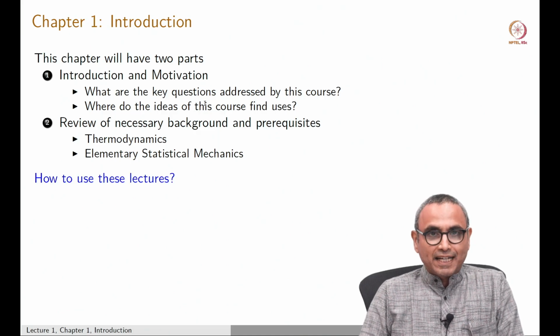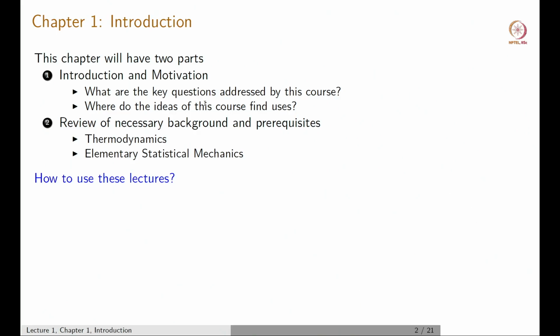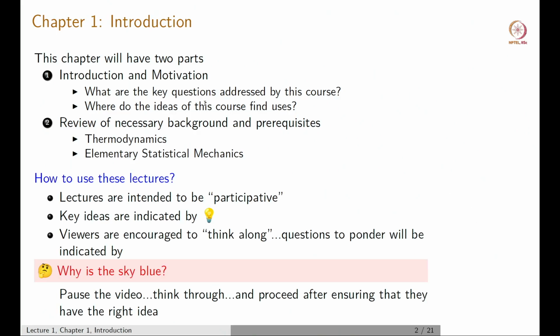How should you use these lectures? So, lectures are intended to be participative. Key ideas will be indicated by a light bulb. So, this will give you an idea of the importance of the topic or the point that is made.